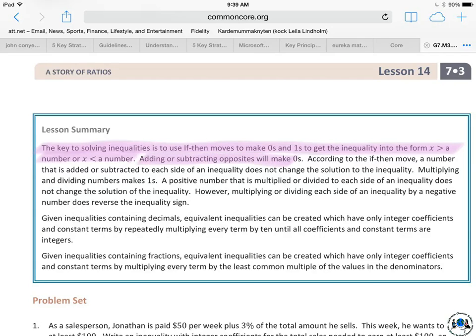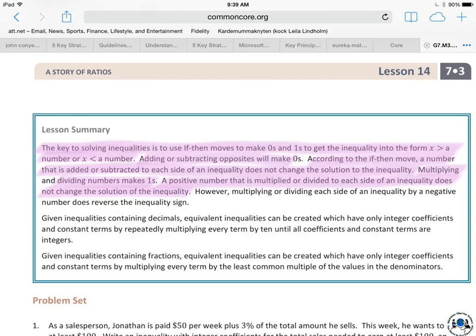According to the if-then moves, a number that is added or subtracted does not change the solution to the inequality. So it's the same exact thing. Multiplying and dividing numbers makes ones. That's multiplying by the reciprocal or just dividing by the straight number. A positive number that is multiplied or divided on each side does not change the solution of the inequality.